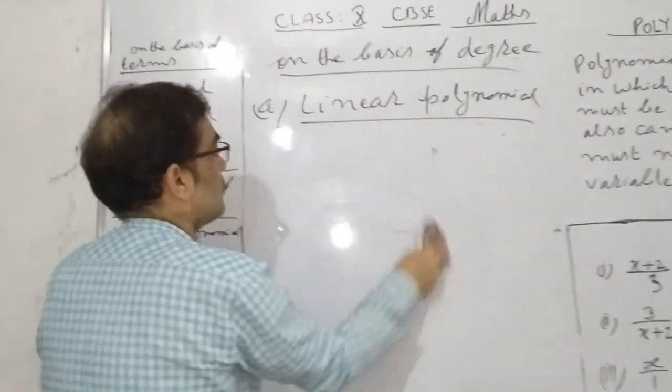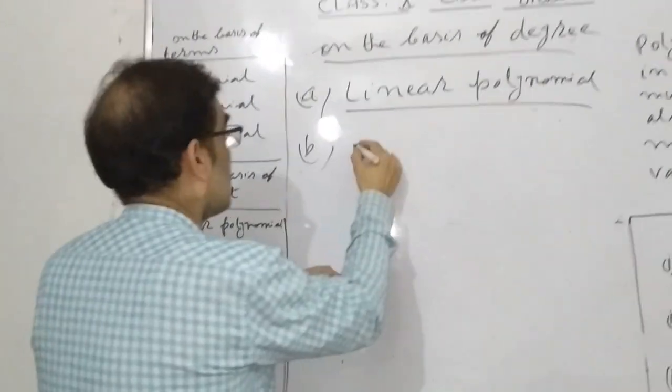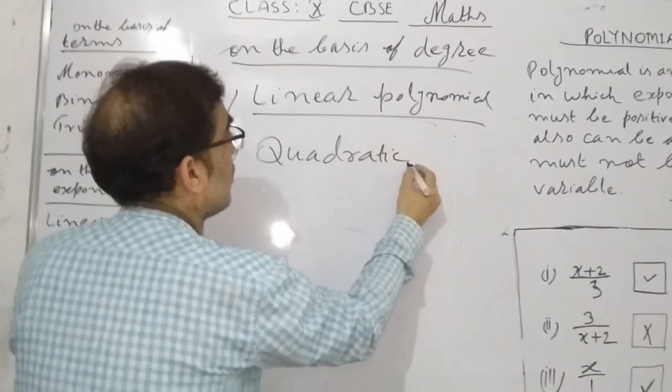And now the second kind, quadratic polynomial.